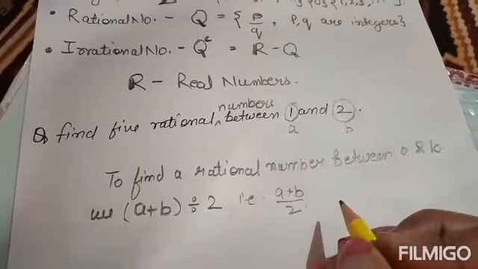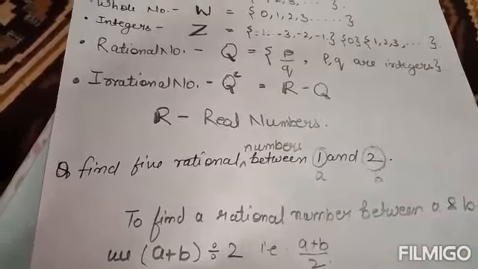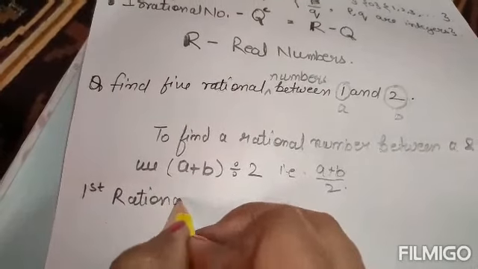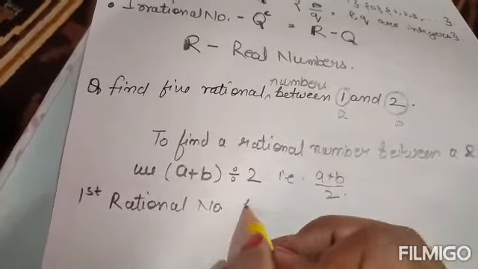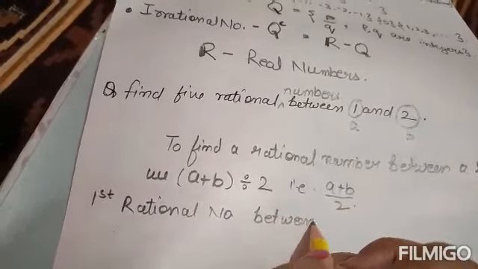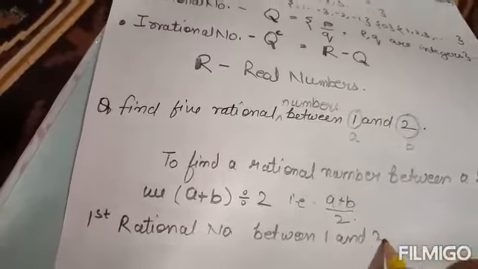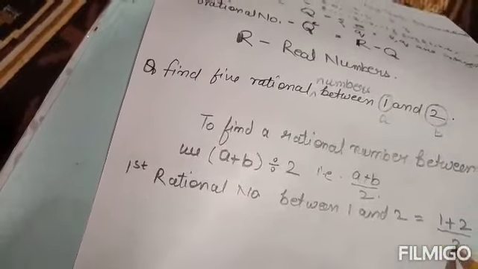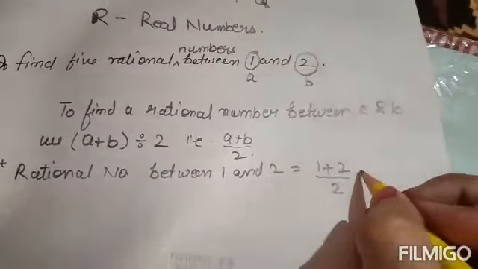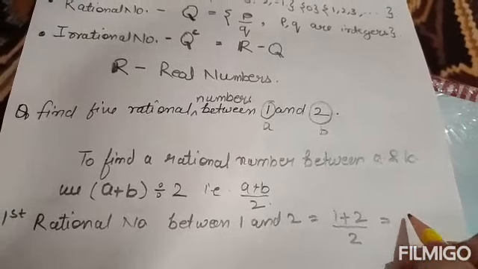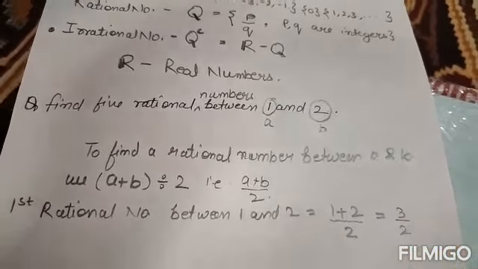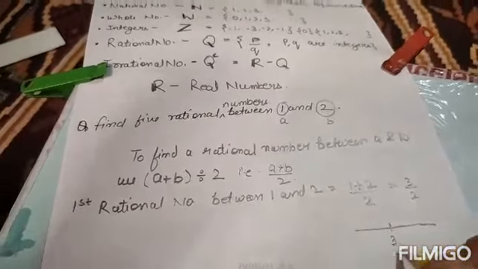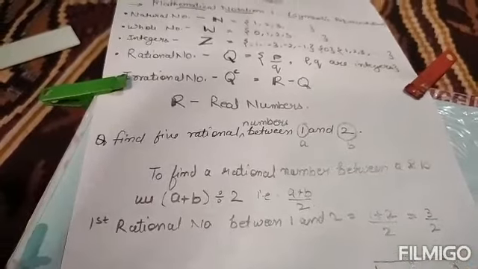Now let's proceed. First rational number between 1 and 2 equals 1 plus 2 divided by 2, which will be 3 by 2.